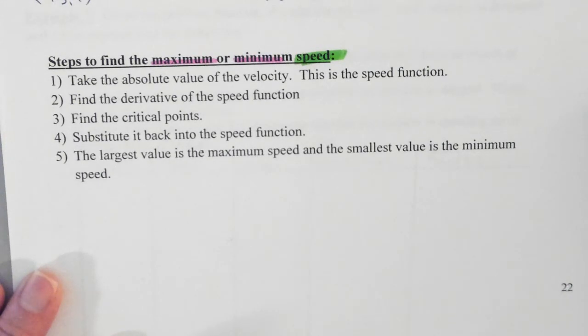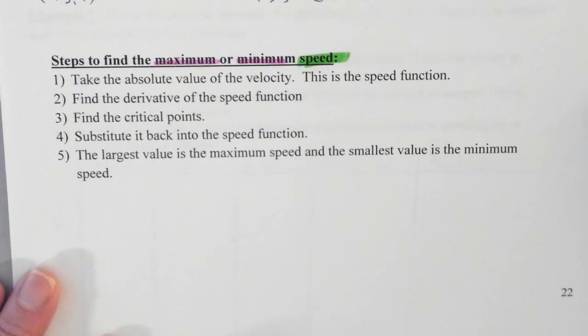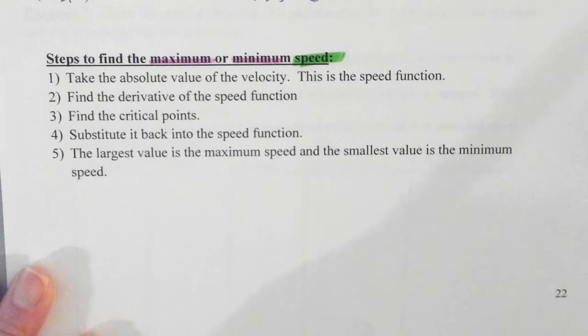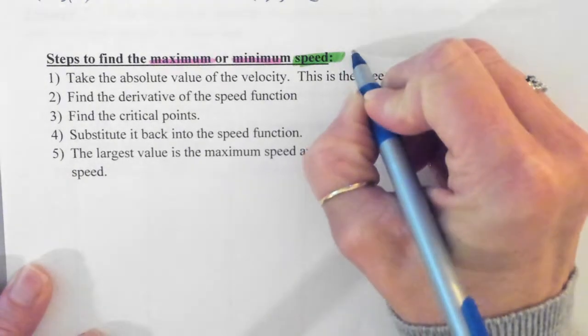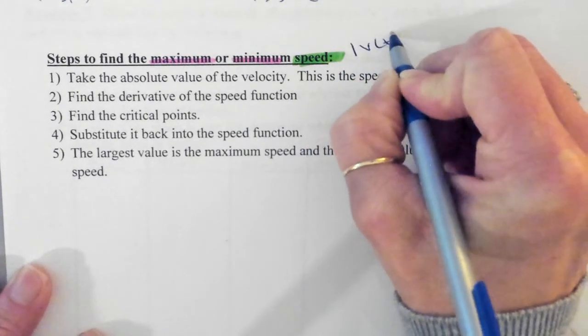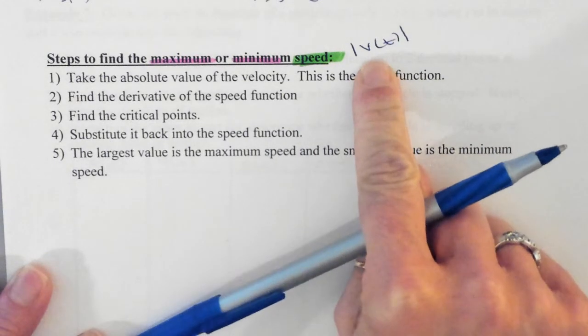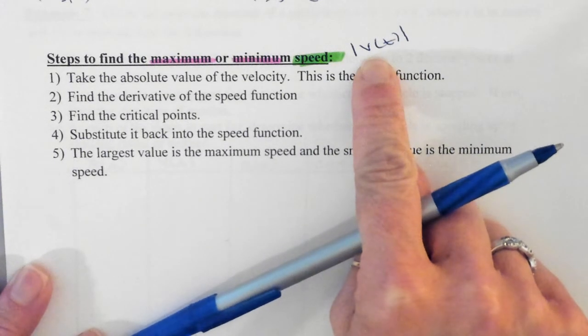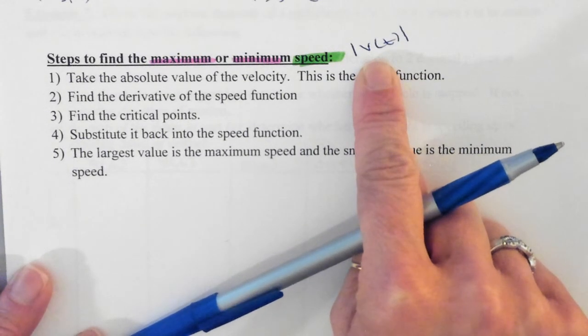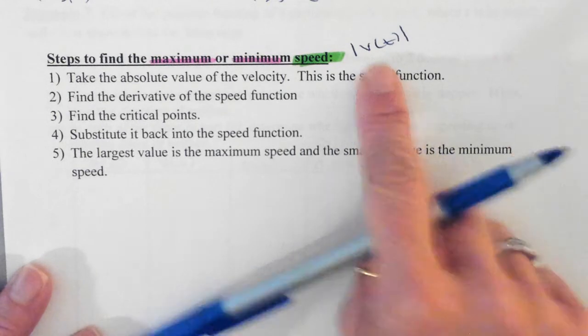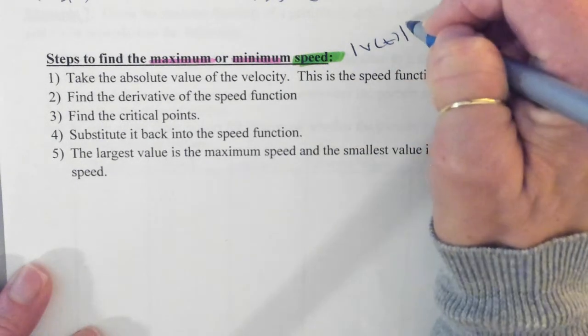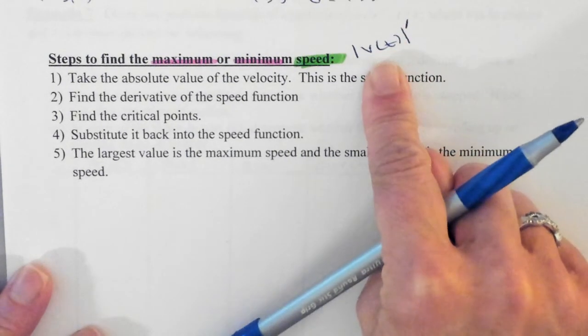You're a couple steps ahead of me, but you're still on the right track. Speed is the absolute value of velocity. True? If I want the minimum or the maximum, to find a min or a max, I take the derivative. So that means I'm going to have to take the derivative of this. Do you see what I'm saying?